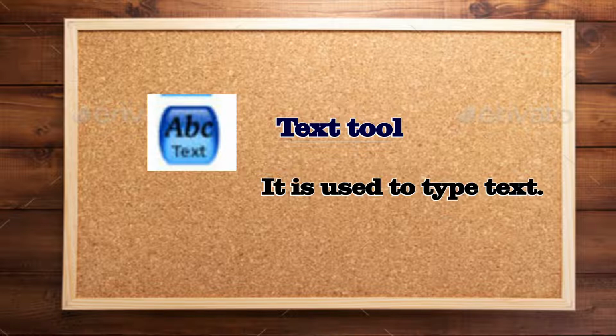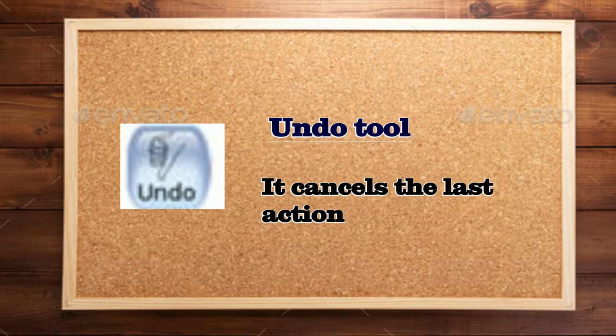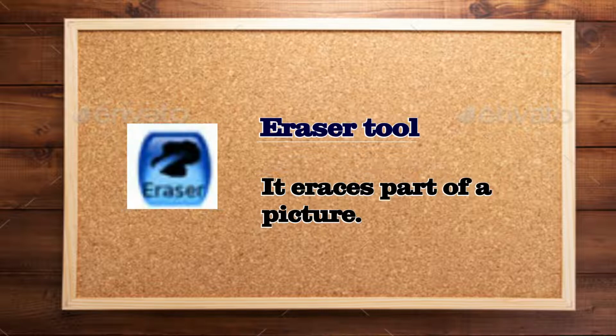Text. Text tool is used to type text. Undo. It cancels the last action. Eraser tool. It erases part of a picture.